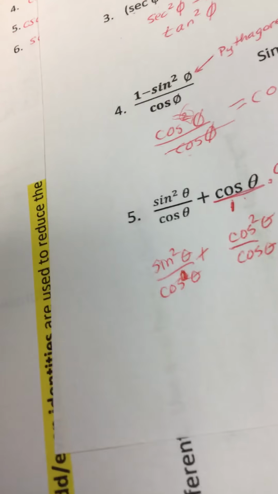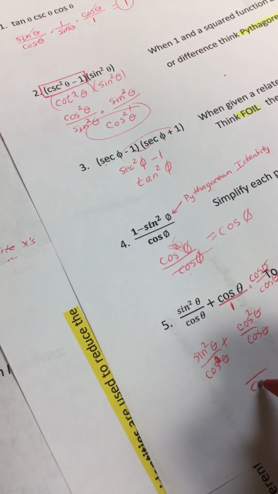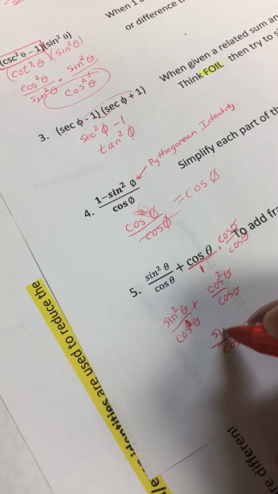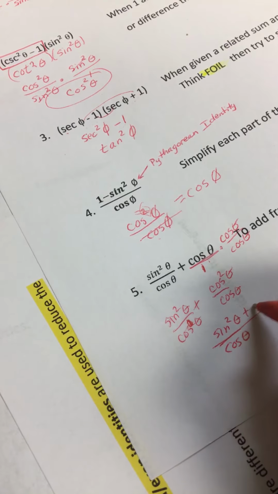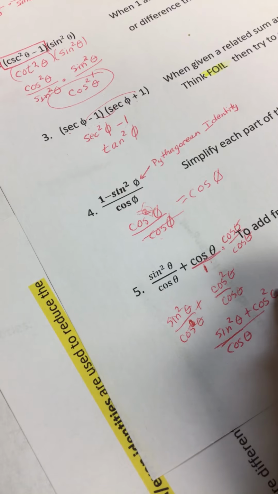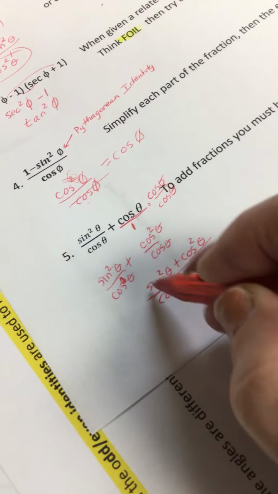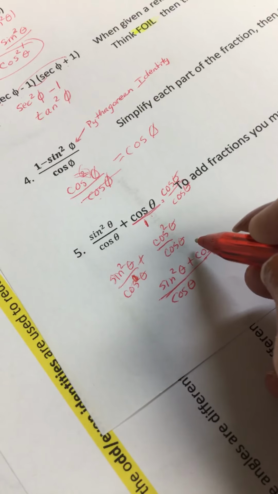And now I know that if I take my denominator, I can put it down, cosine theta, and I can add my numerators. In this case, I really can't do anything except show that I want to add them. If you have fractions, you put down your common denominator and you add your numerators.